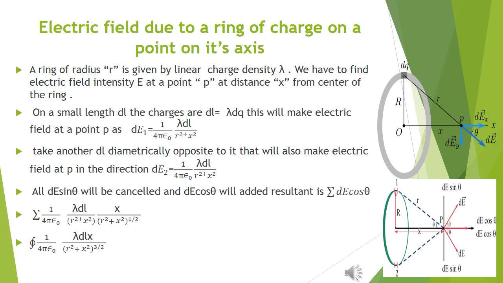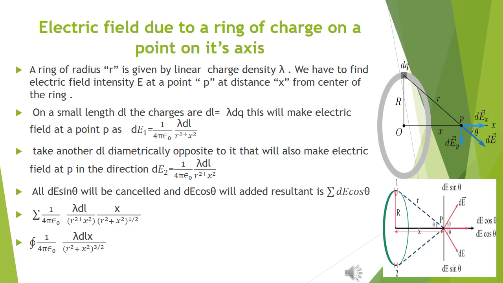We have another diameter also, so for every electric field, the dE sin theta of one point will be cancelled by the dE sin theta of another point. Then what will be the resultant electric field? The resultant electric field is the summation of dE cos theta.